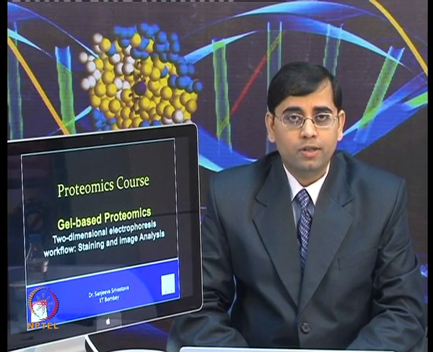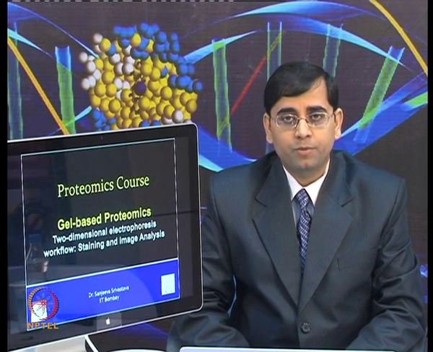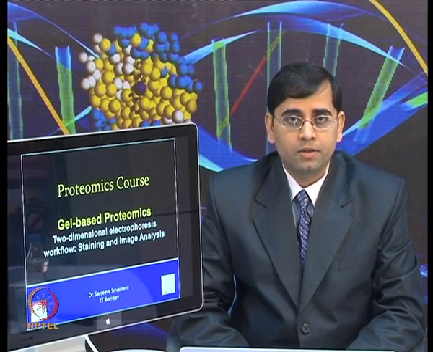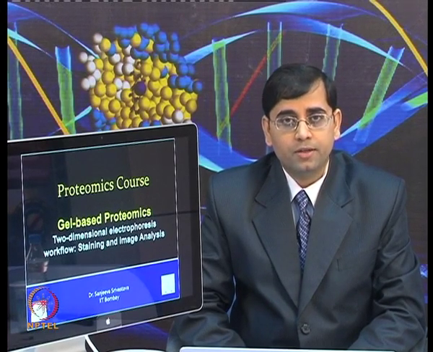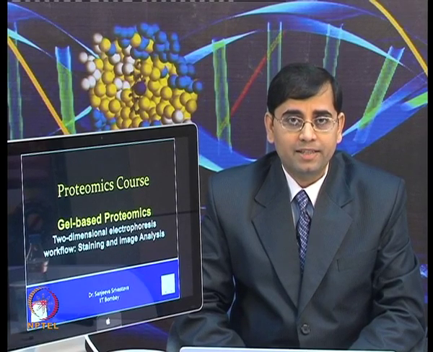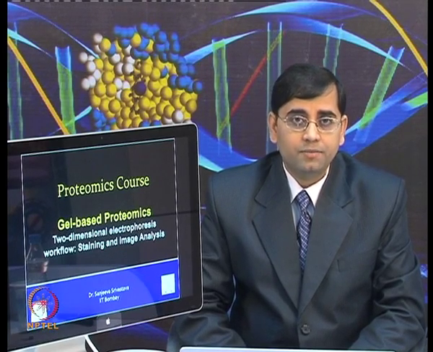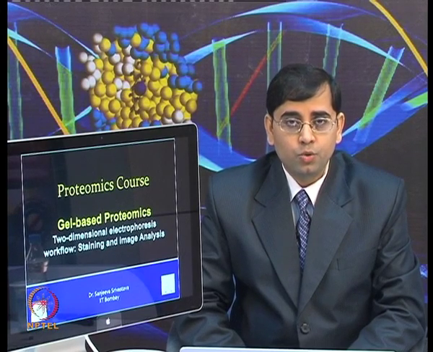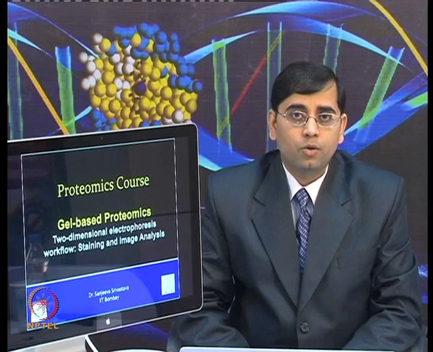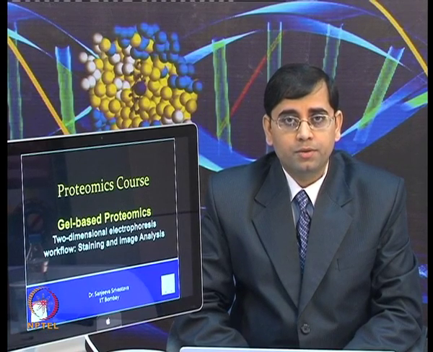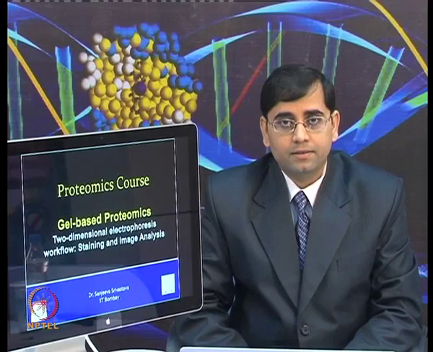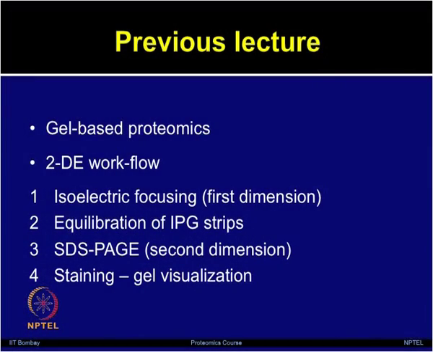Third step was SDS PAGE to separate proteins by molecular weight. Fourth, you would like to visualize your protein spots on the gel. So, staining methods. In the last lecture, we discussed two staining methods: one was Coomassie brilliant blue, the other silver staining. So, now in the same workflow, today I will continue with different types of staining methods.